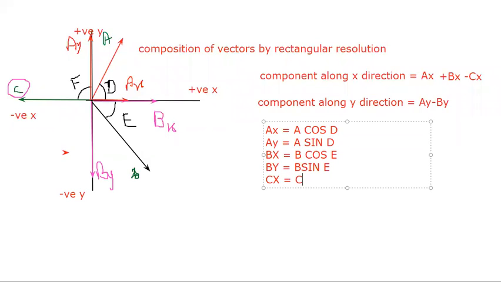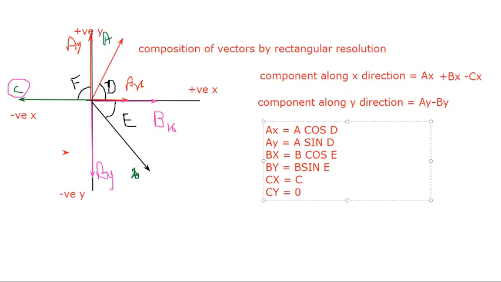Cx is C cos F. What is F? The angle is 0, so Cx is C and Cy is 0. Understood?